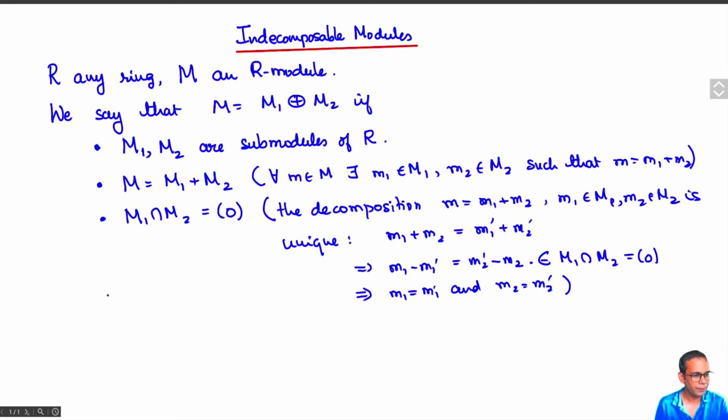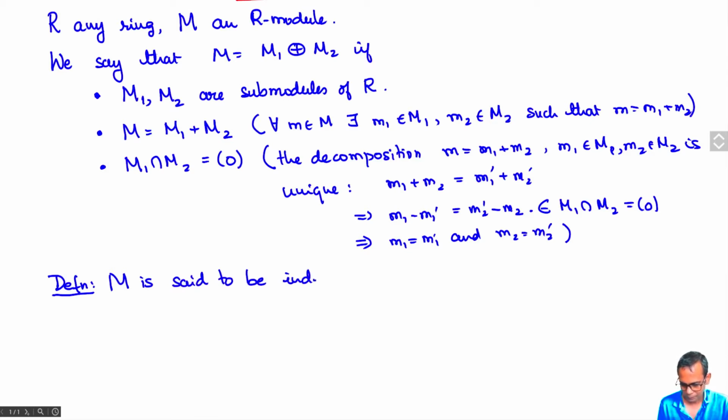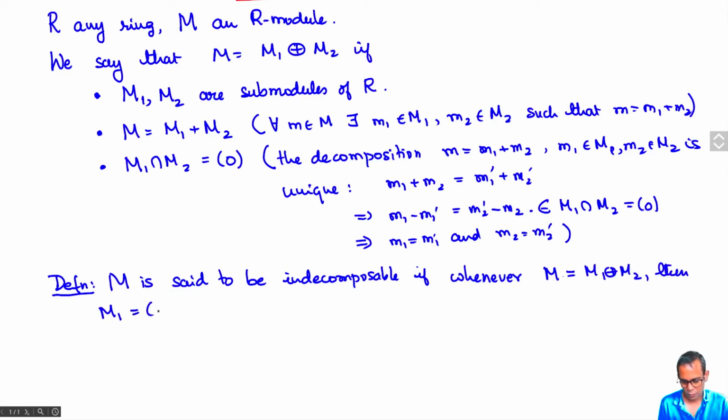And now we can define an indecomposable module. M is said to be indecomposable if whenever M is written as M1 direct sum M2, then either M1 is 0 or M2 is 0.